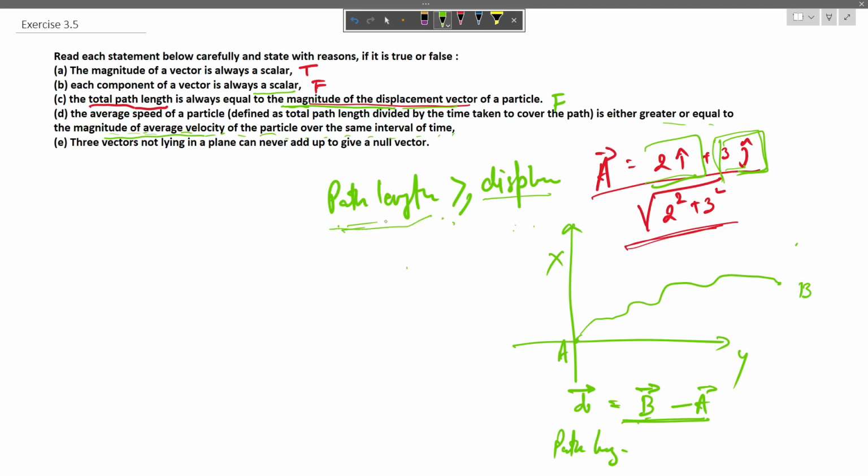Since path length is always greater than or equal to the displacement, the average speed of a particle is always greater than or equal to the magnitude of average velocity. So this statement is true.